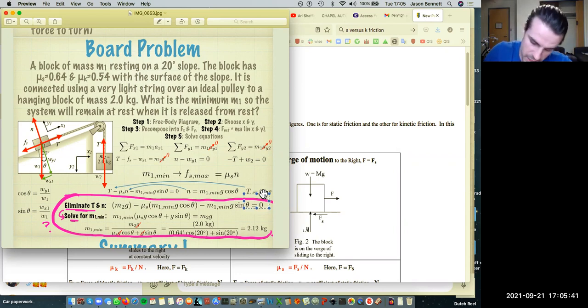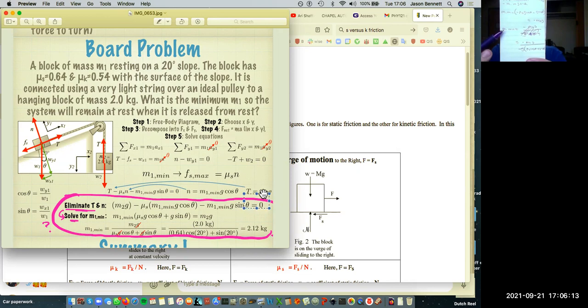So it's minus G, parenthesis, mu S cos, wow, that's ugly, equals negative M2G over negative G, parenthesis, mu S cos plus, because I pulled the minus sign out, sine theta.